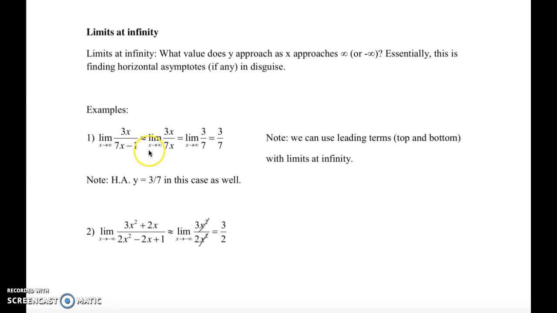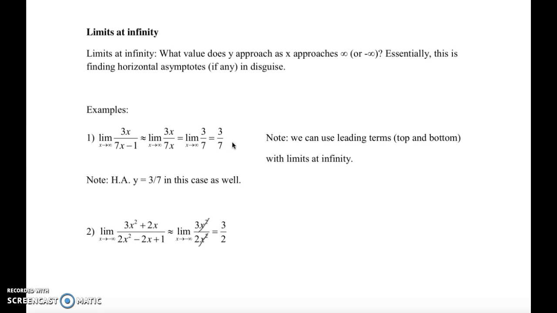As we look at the limit as we approach infinity of 3x over 7x, we see that it's going to get larger and larger on both sides. So this x really has no effect. It's going to be the same number on the top and on the bottom. So with the x taken out, we can look at the limit as we approach infinity. It's going to approach 3 over 7.